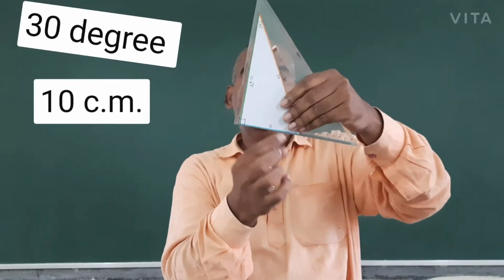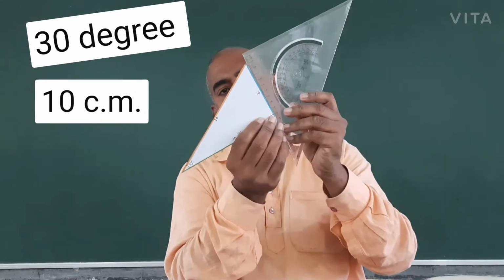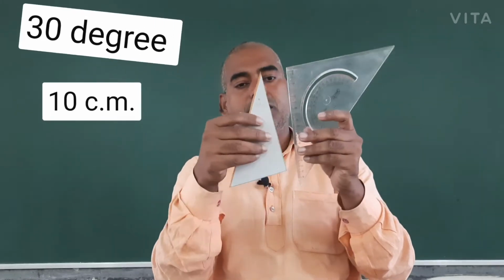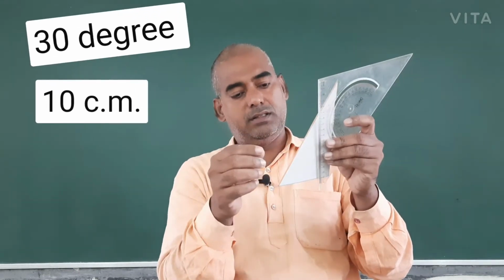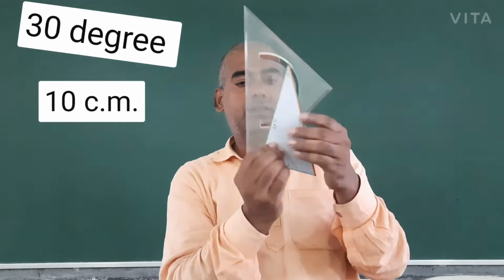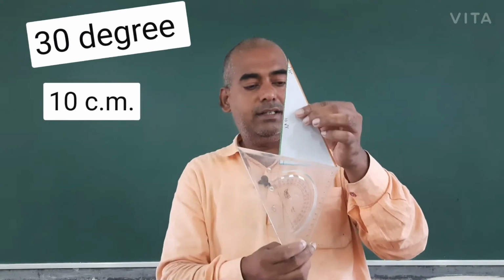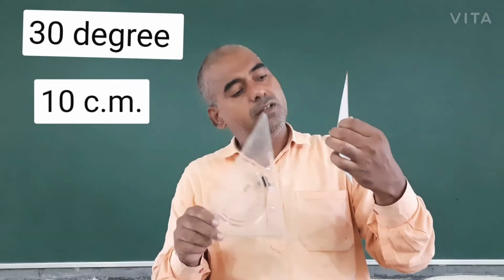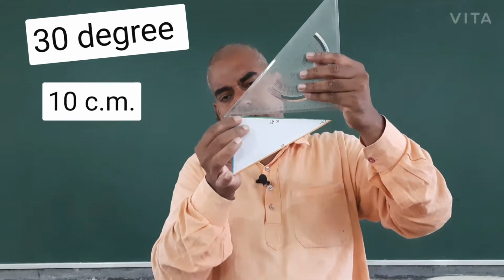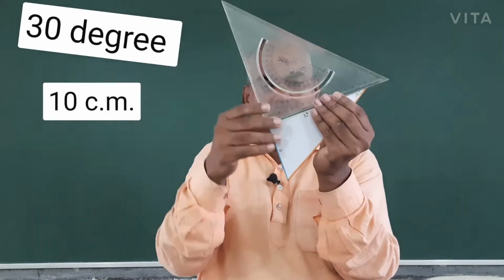Now let me measure the 60 degree opposite side, this one. 30 degree and 60 degree. So the sides are not double. Angles are double, but sides are not double. So what is the ratio?